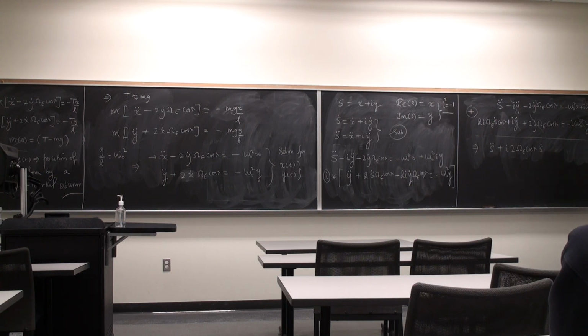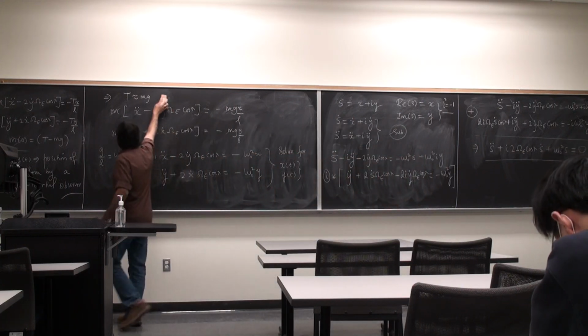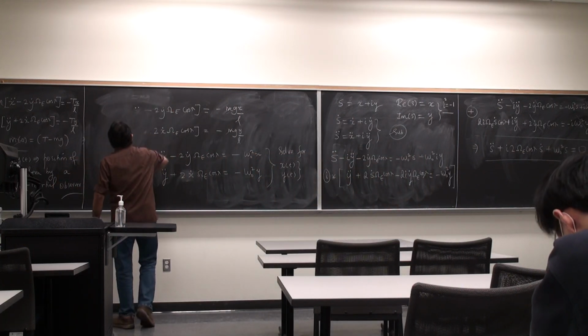I'm just bringing it to the other side, so it becomes plus omega naught square s is 0. That's how I do it.